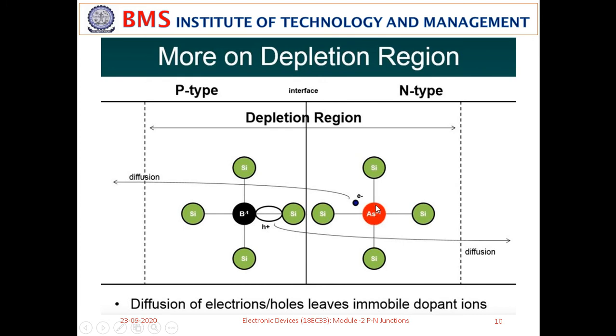This arsenic impurity donates an electron because it is a column 5 element of the periodic table, and it becomes a positive ion. The nucleus is positively charged because it has donated an electron to the n type material. This electron is in the conduction band, ready to move anywhere in the lattice.